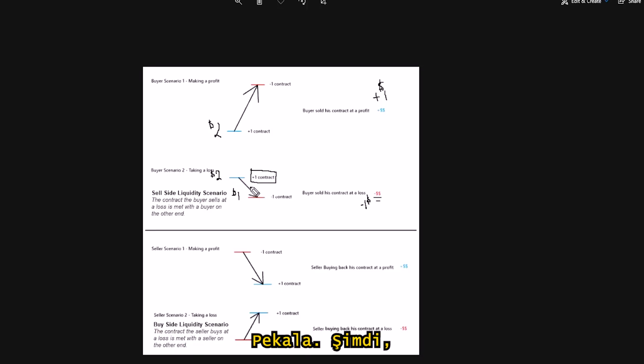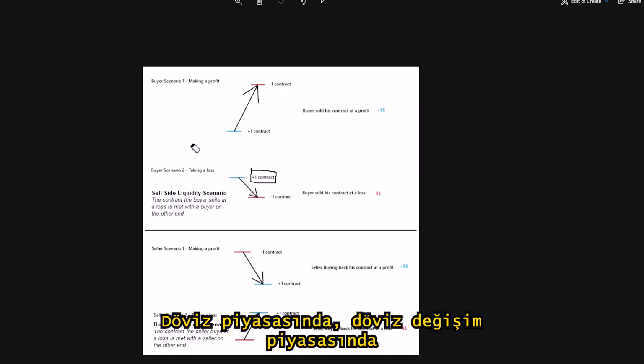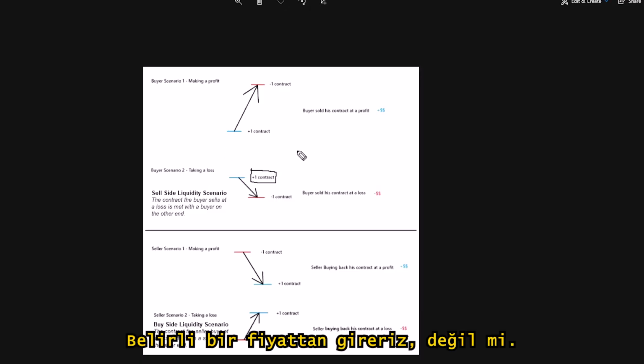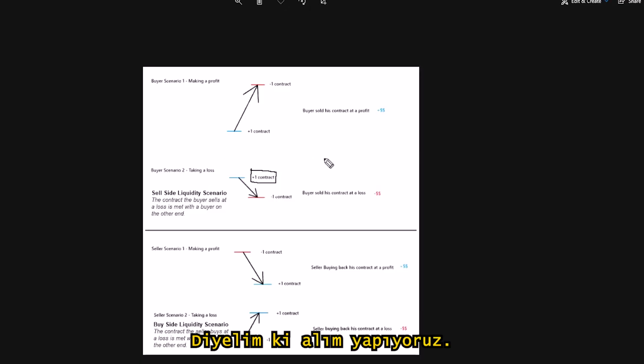Now, for you to understand this easier, when you're taking an order on the currency exchange market, we enter at a certain price. Let's say we're buying, so this is our entry.